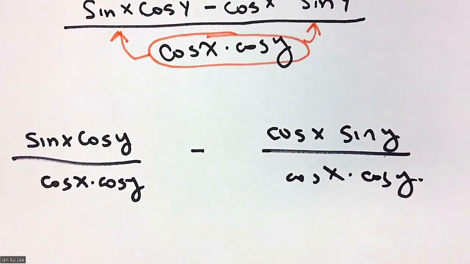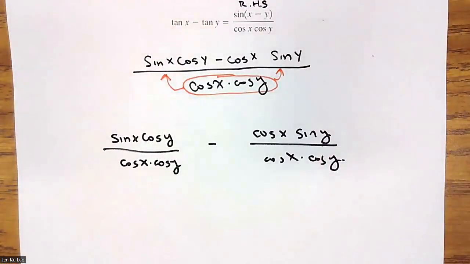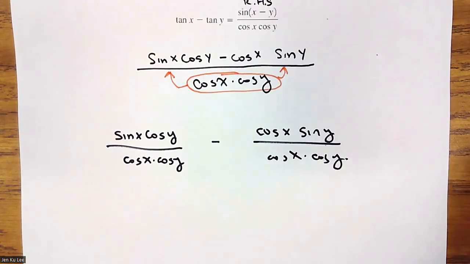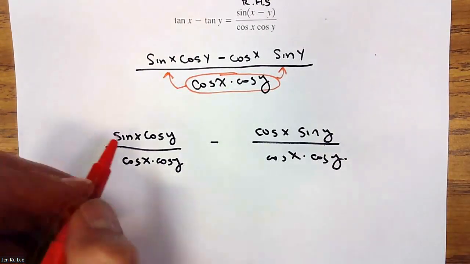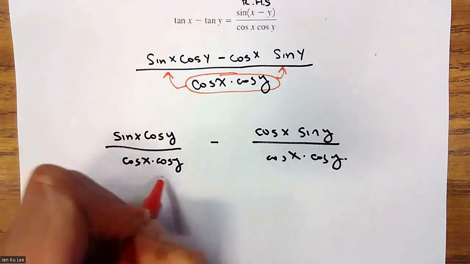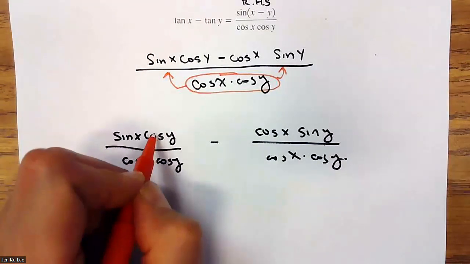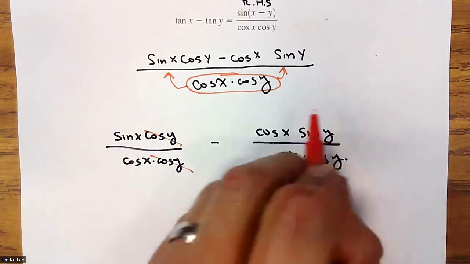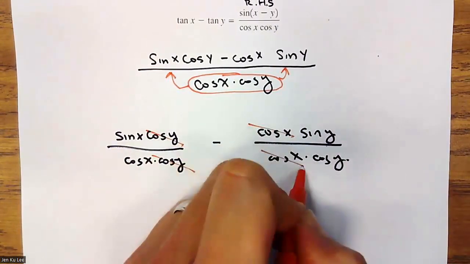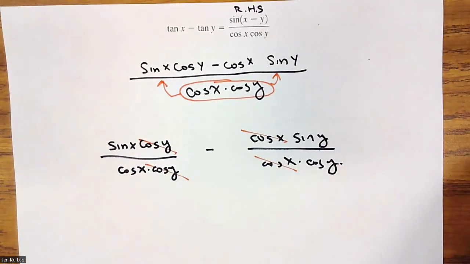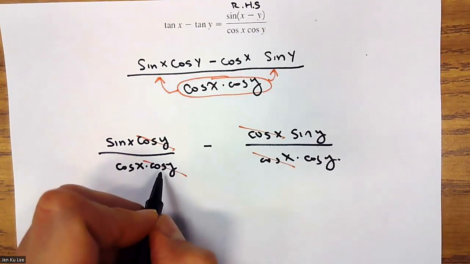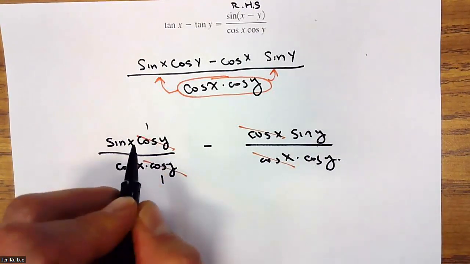I just split my denominator up. So in my first fraction, I can get rid of cosine of y. In my second fraction, I can get rid of cosine of x, because cosine of y divided by cosine of y is just 1.